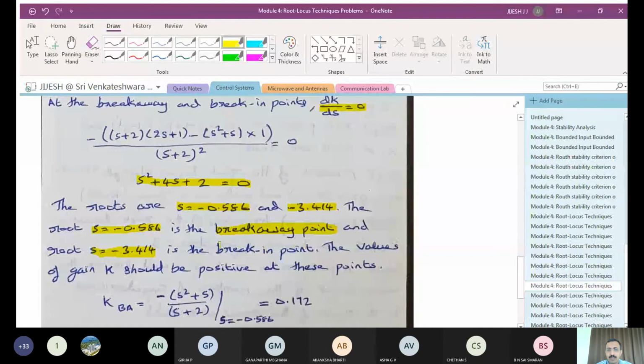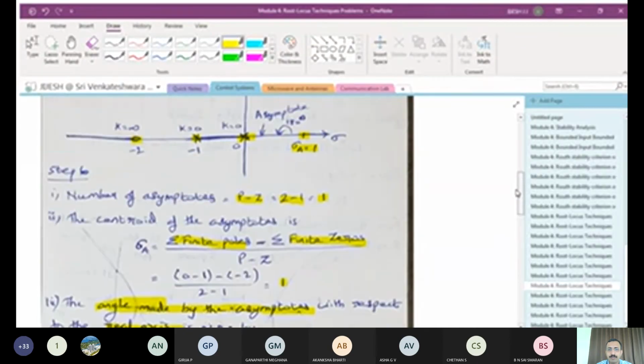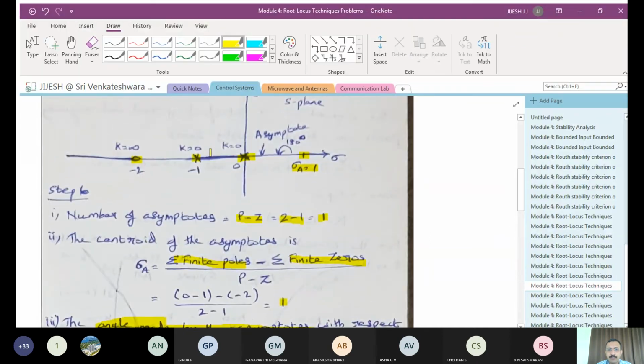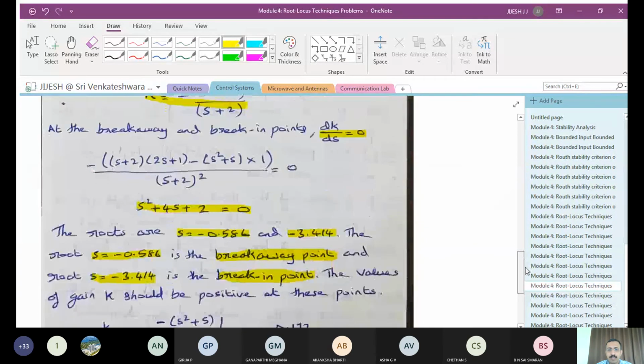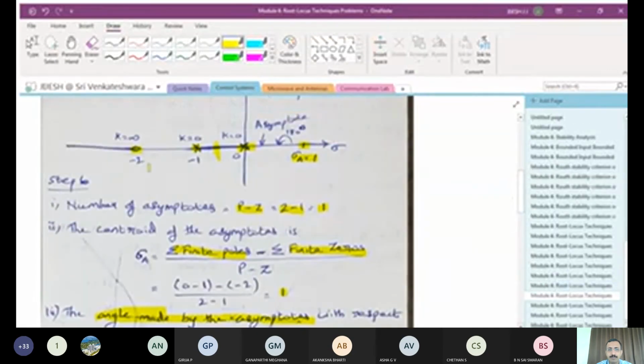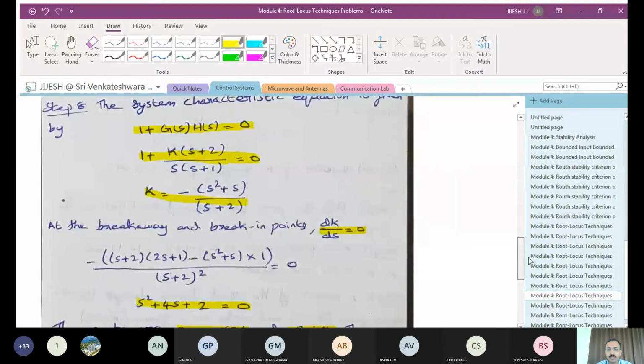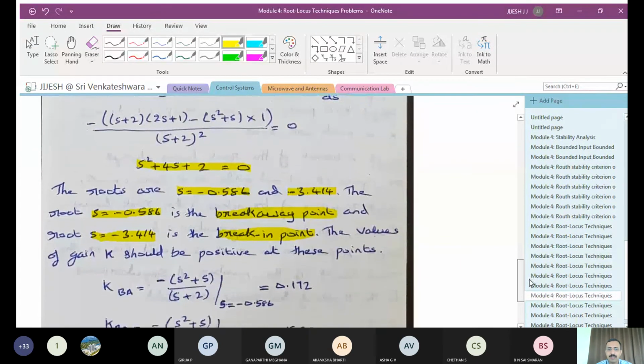We have studied already about the breakaway point and break-in point. When you see the figure, minus 0.586 will be lying somewhere here, and the other point, minus 3.414, will be here. So when we understood the concept of breakaway and break-in points, you know how they are classified.